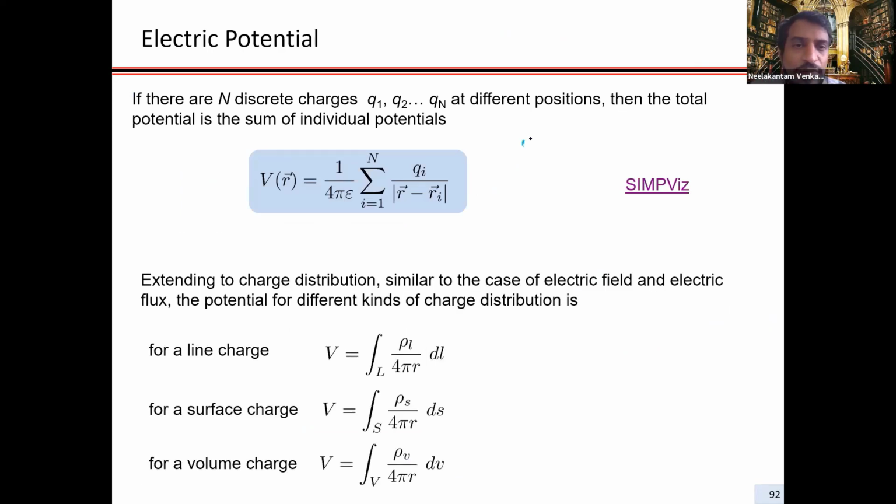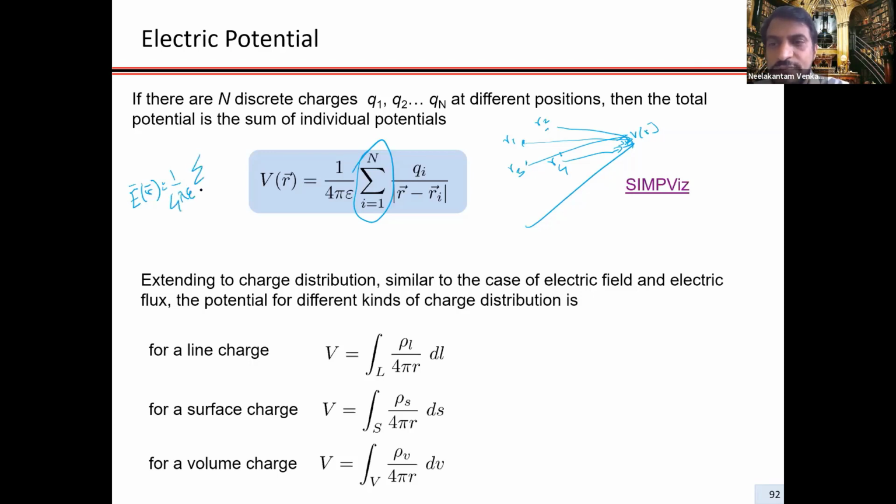Again, if you were to have multiple points at different locations, R1, R2, R3, R4, and then find the voltage due to them at R, I'm going to find the contribution due to each of these and I need to add them up. It's the same thing you did for the electric field, where E of R was 1 over 4 pi epsilon, sum over i equal to 1 to N, of Qi over the magnitude of R minus Ri, the whole cube, times the R minus Ri vector.